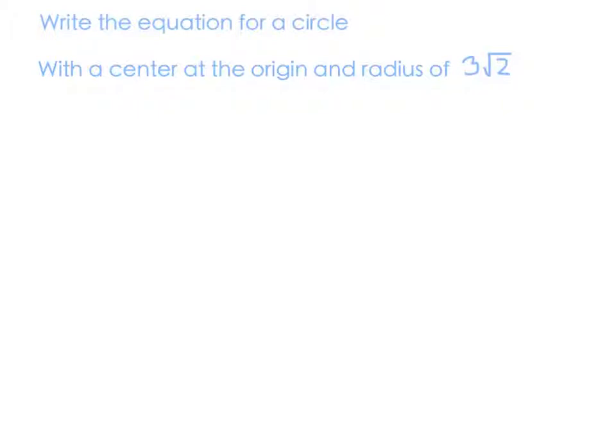And our last example, write the equation for a circle with a center at the origin and radius of 3 root 2. So now we know that if the center's at the origin, h and k are both 0, which just means we're going to have an x squared and a y squared by itself.